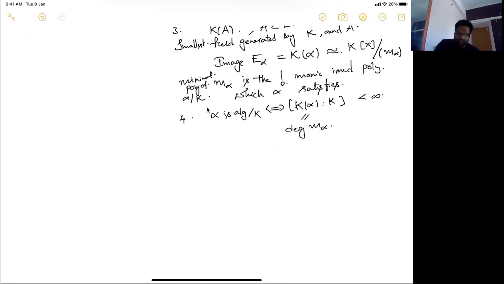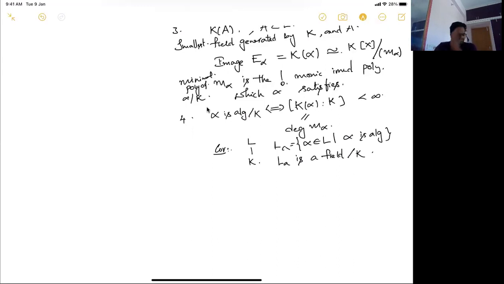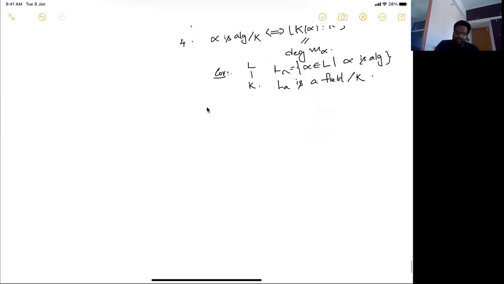Using this theorem, we have seen several consequences. Namely, if L over K is an arbitrary extension, and L sub A is the set of algebraic elements of L, then L sub A is a field over K.